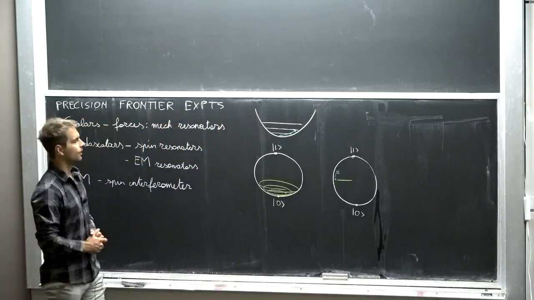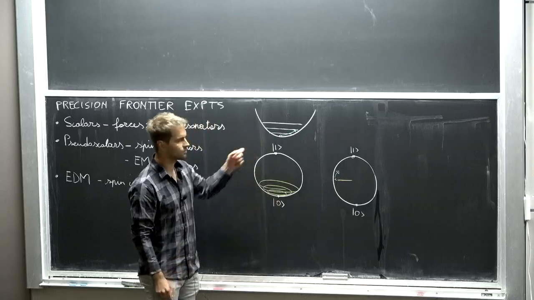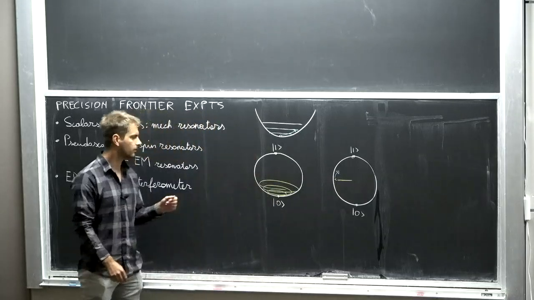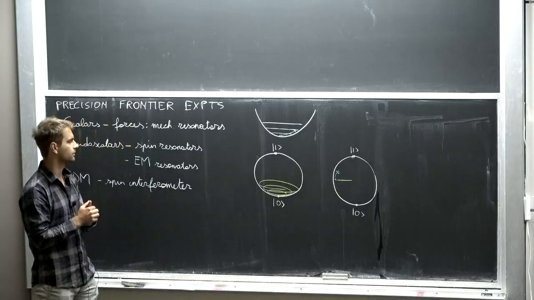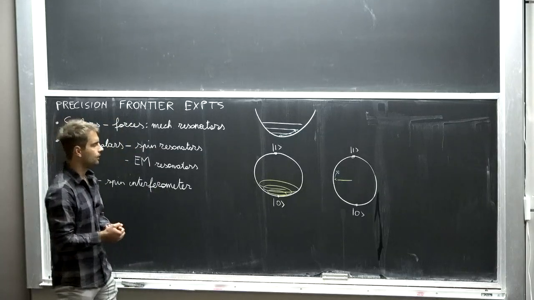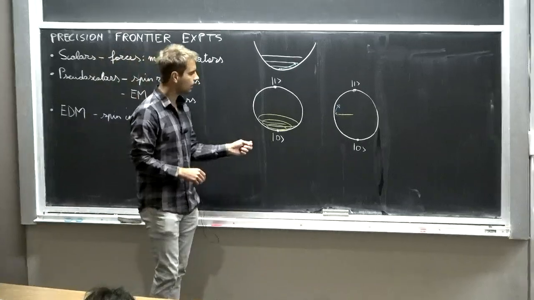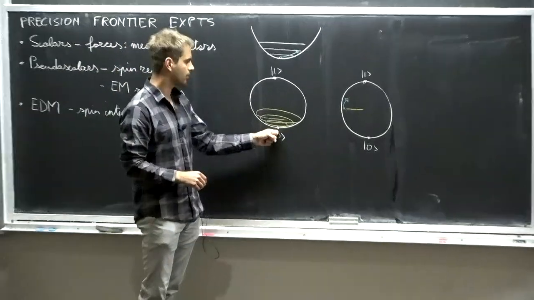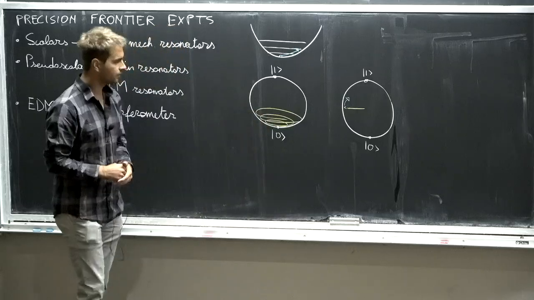So I said last time that every precision frontier experiment can be boiled down to essentially an oscillator or a 2-level system with states 0 and 1. So this could be spin down and spin up, or 2 levels in some atomic system. And then you can think of the different measurements either as a 2-level resonator, where you start from one state and you're resonantly driven to an excited state.